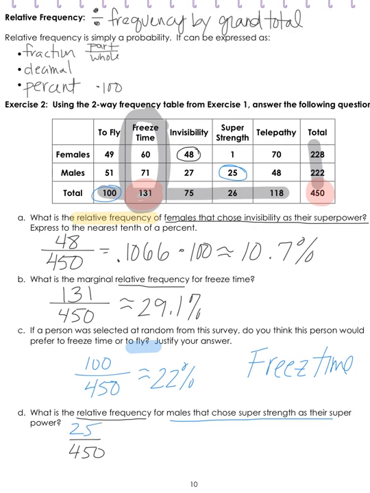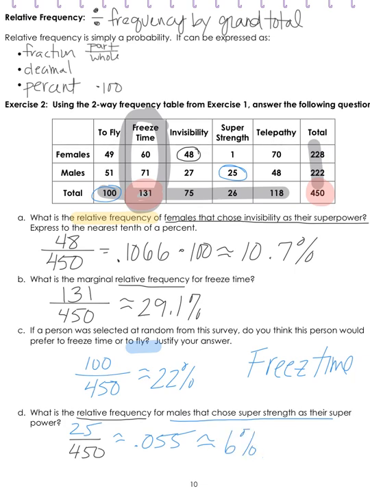So the word relative frequency tells me to go over the total, and then the second portion of that tells me which one to choose, the 25. I have to specifically look for males that chose super strength. This written as a decimal is going to be approximately 0.055. That 5 ends up repeating. So if I were to turn it into a percent, I would say approximately 6%.